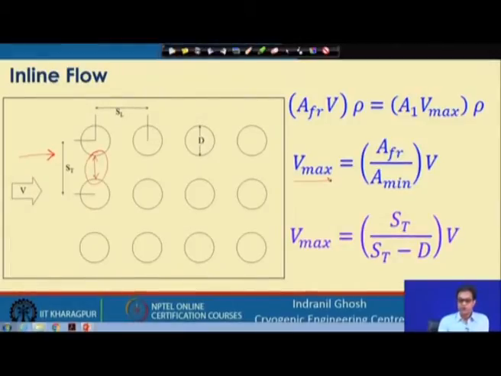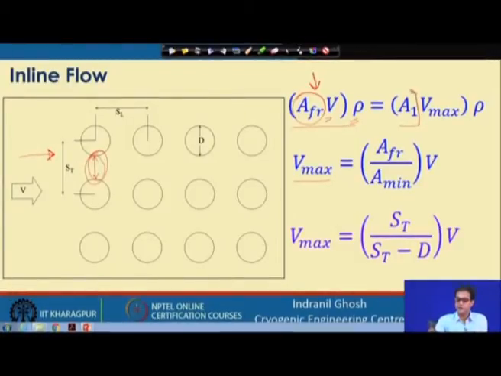And how do we find out the maximum velocity? We know that the total mass flow remains constant. So, if we write it, A FR is nothing but the frontal area, multiplied by the velocity and the density, this is nothing but the mass flow of the incoming fluid, and the flow rate is remaining constant.